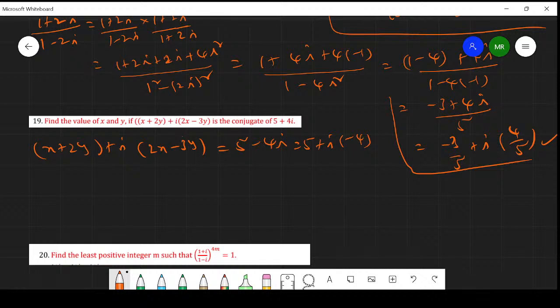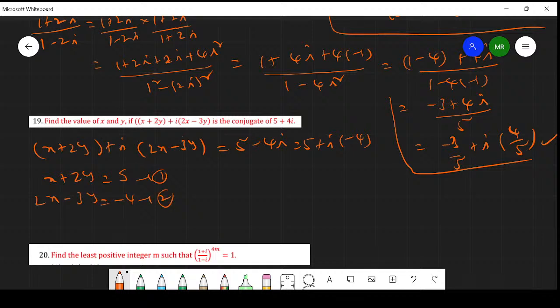Comparing real parts on both sides, x plus 2y equals 5. This is equation 1. Comparing imaginary parts, 2x minus 3y is equal to minus 4. This is equation 2.